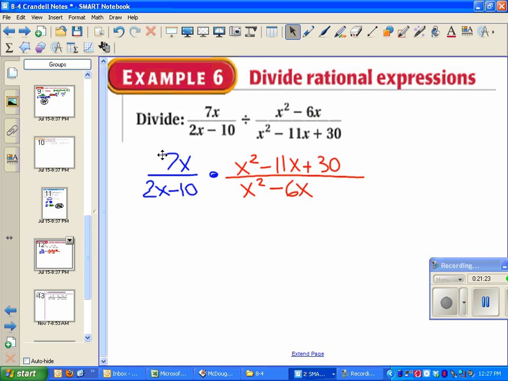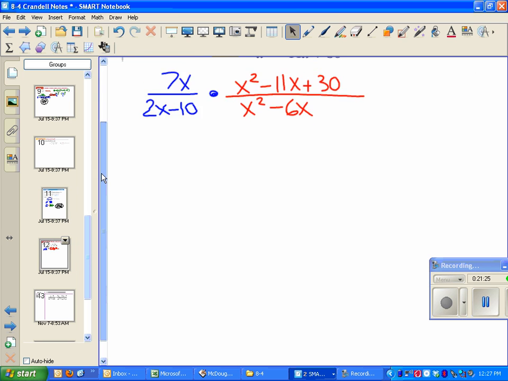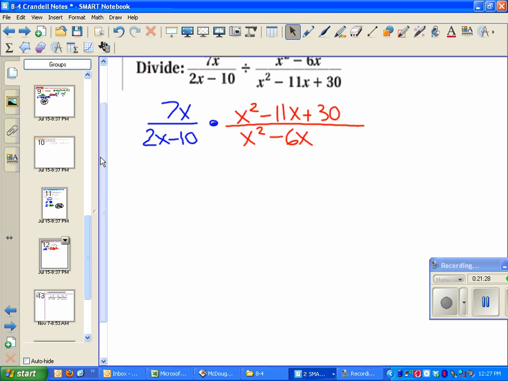All right. So then I'm going to see what factors. I have 7x, and then 2 and 10 have a GCF of 2, so I'm going to factor that out, and that's all I can do there.